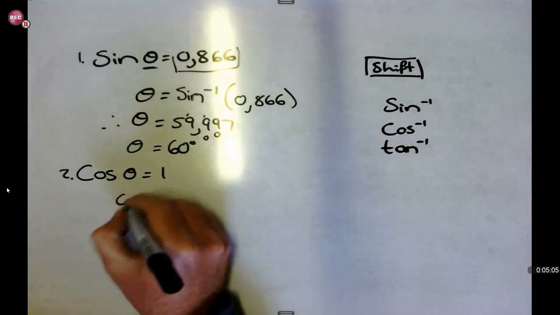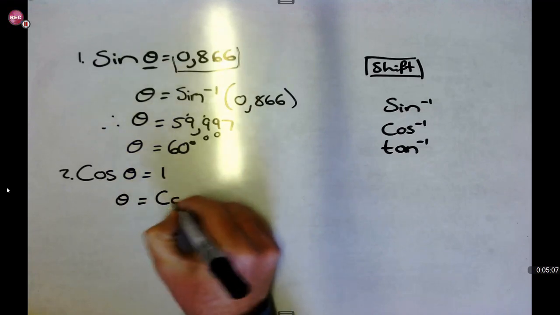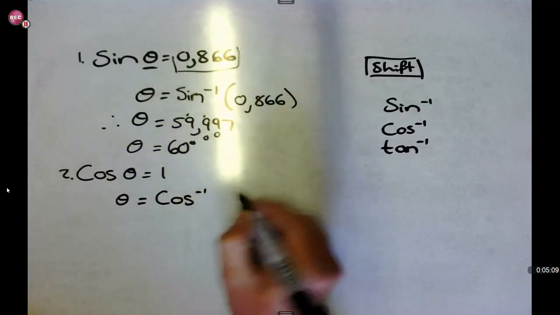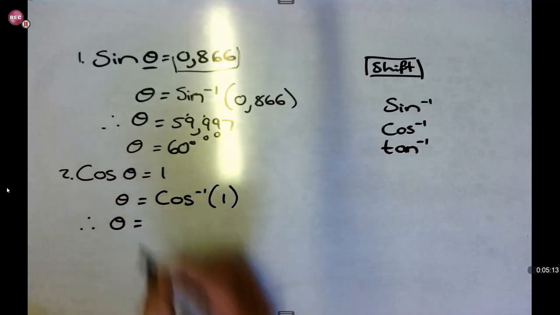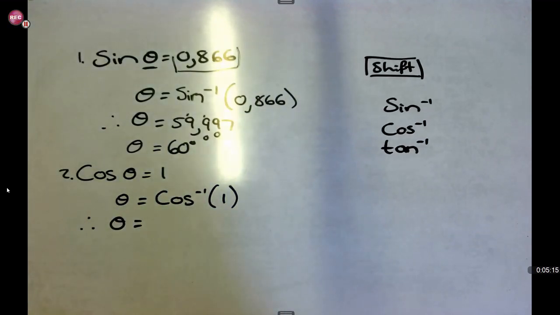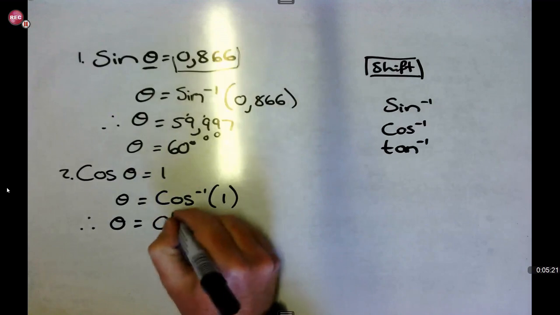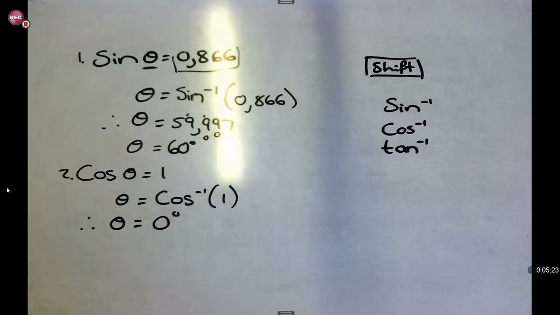So, theta equals cos to the power of negative 1, open bracket 1. Therefore, theta equals shift cos 1, and that would give me an answer of 0 degrees. And there's your final answer.